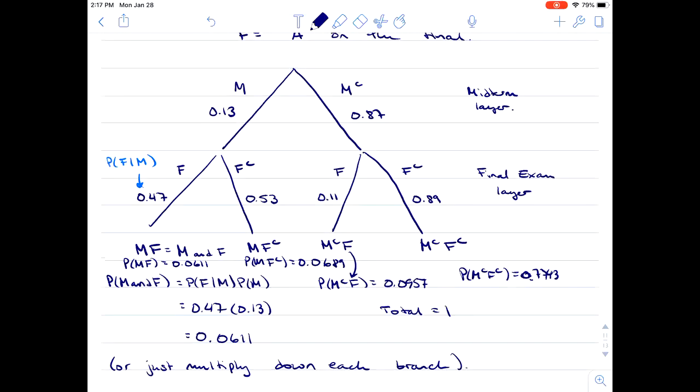So now we have to look at the branches that satisfy that. Here we go, an A on the midterm. Right, so it doesn't matter what happened on the final. We have at least 1 A. In fact, at the end of this branch, we have 2 A's. Here we have 1 A, because we got an A on the midterm, but not on the final. So both of these satisfy the at least 1 A criteria.